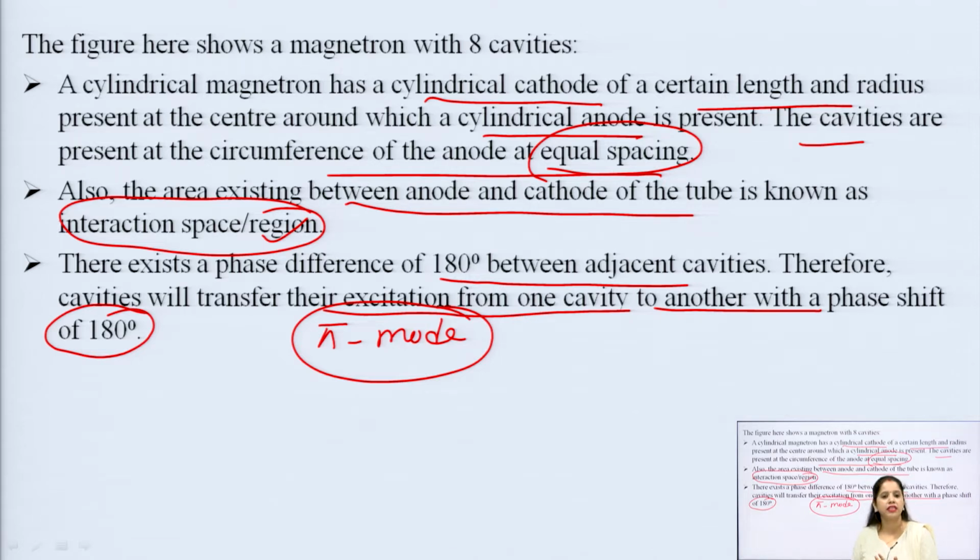The reason for the pi mode is the phase difference of 180 degrees between the cavities, as one cavity transfers its excitation to another with a phase shift of 180 degrees.